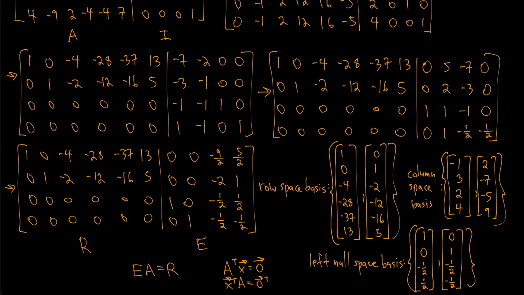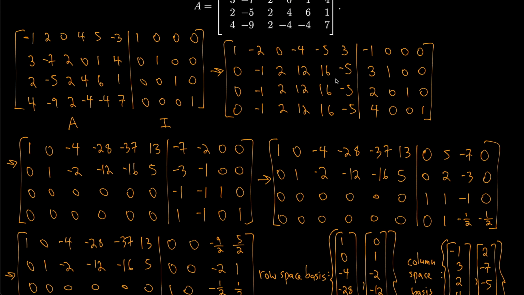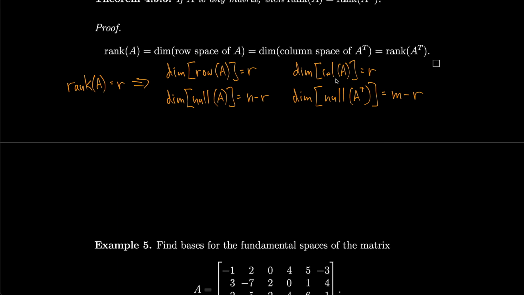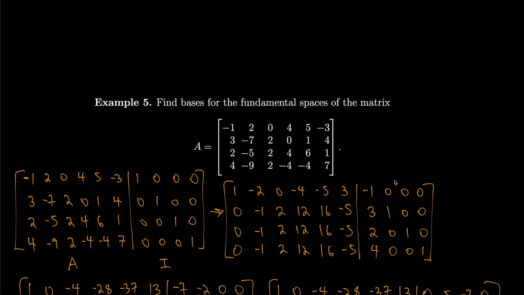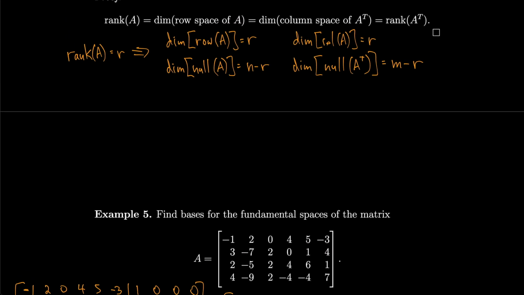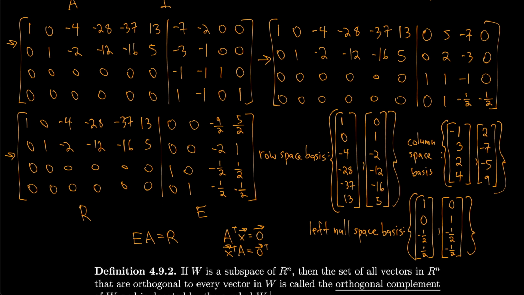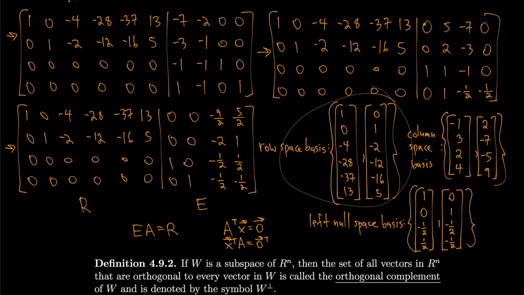Remember that the dimension of the null space of A transpose is M minus r. So we had M equal to 4 in this case. This is a 4 by 6 matrix. So it's 4 minus r, but the rank, the dimension of the row space, was 2. So 4 minus 2, it has to be the last 2 rows. There had to just be 2 vectors in here.